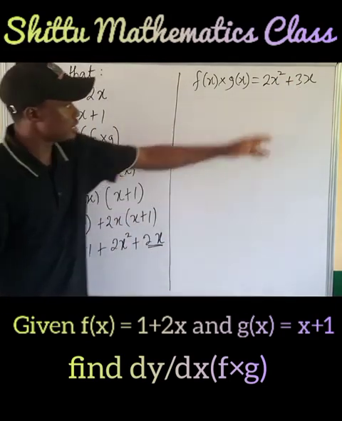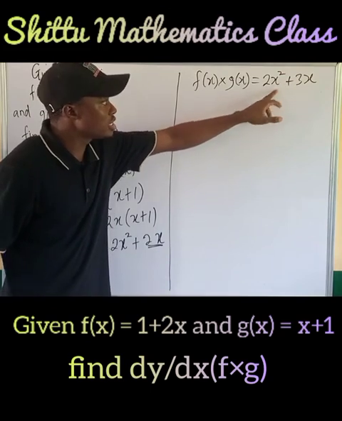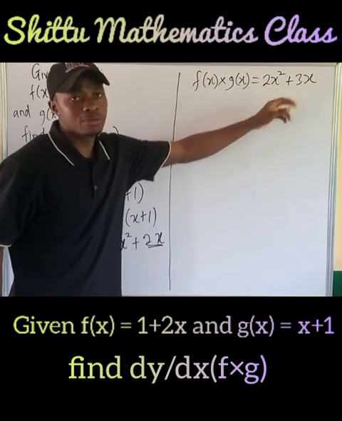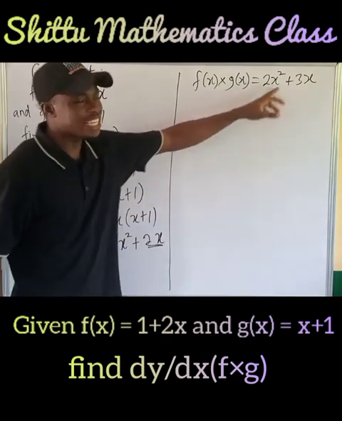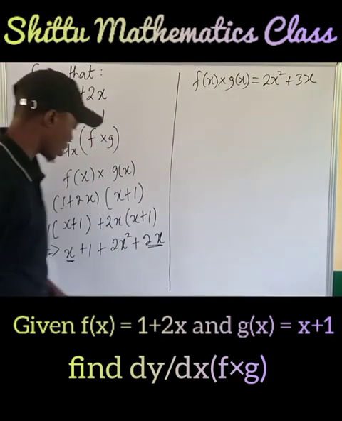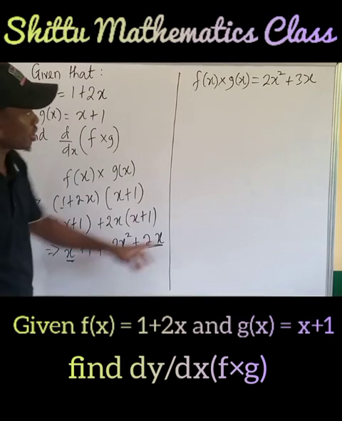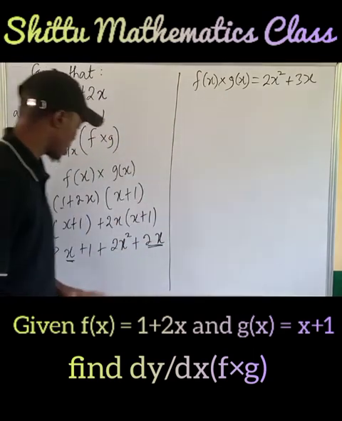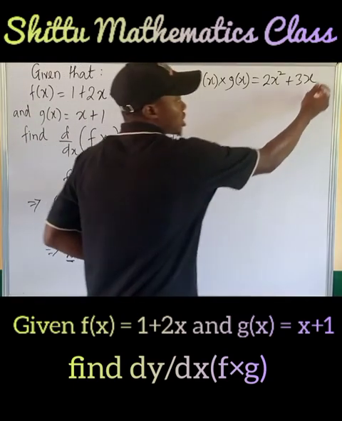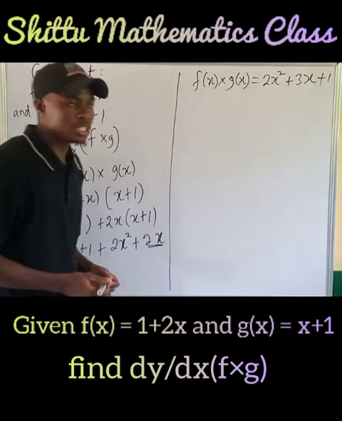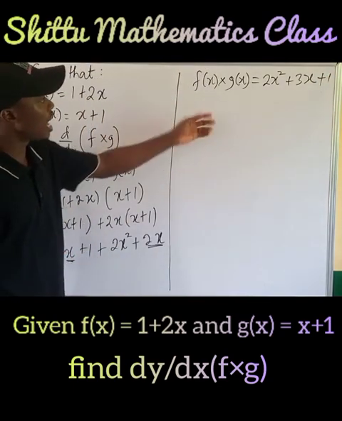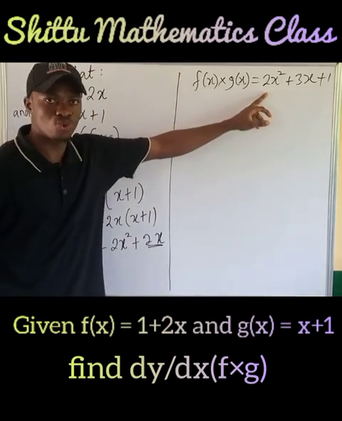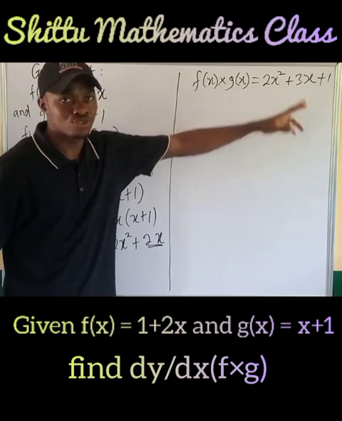The reason why I did it like this is because I want the leading term to be the one with the highest power of x, which is x squared. That's why I put 2x squared first. Then x plus 2x, we have 3x. Then the last one is 1, which is the constant term. So from here, you can see that we have the product of these two functions to be 2x squared plus 3x plus 1.